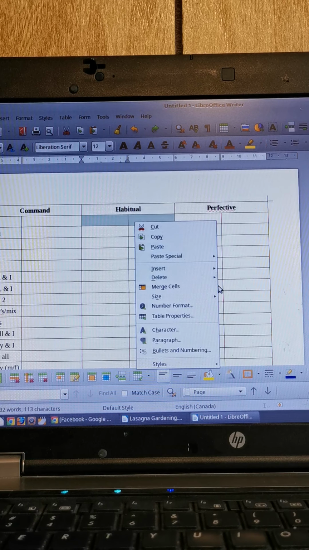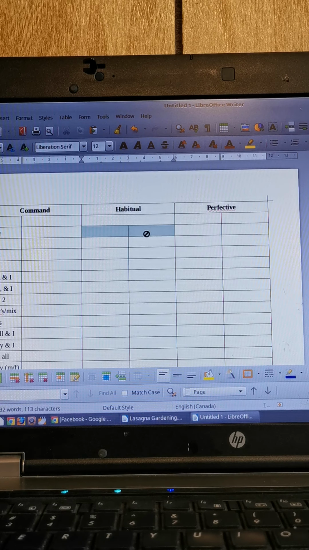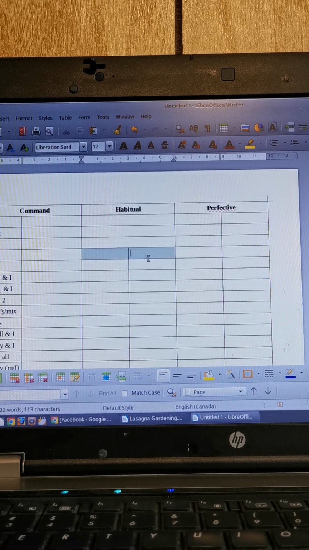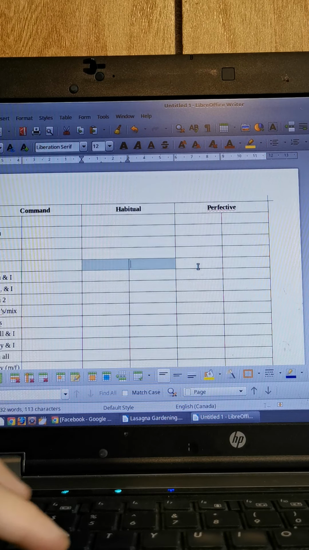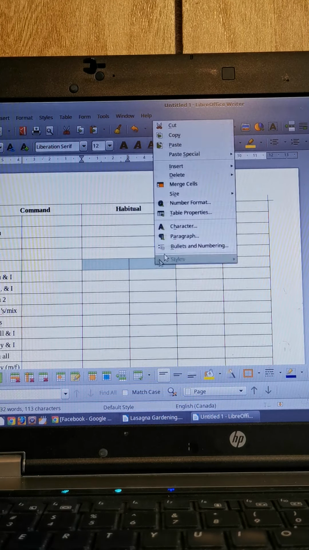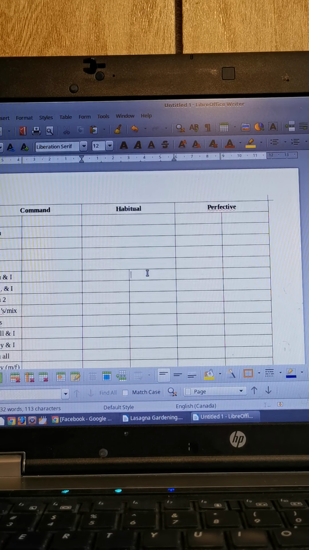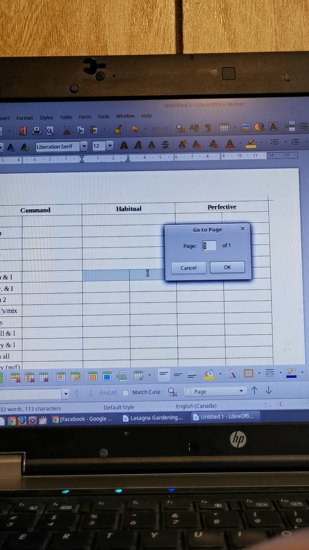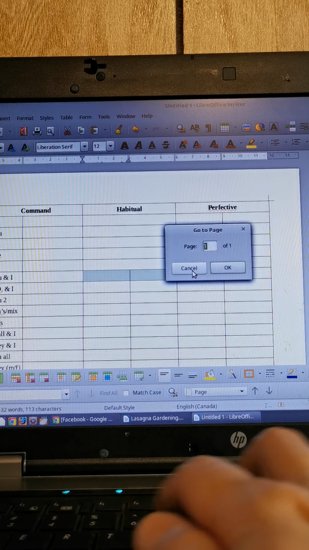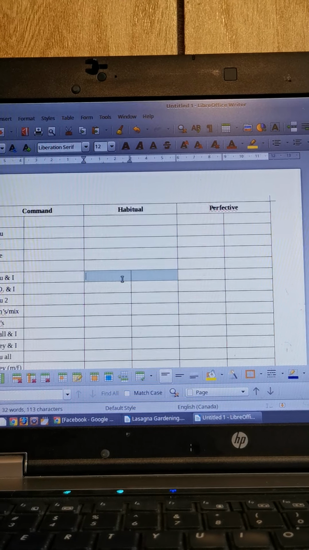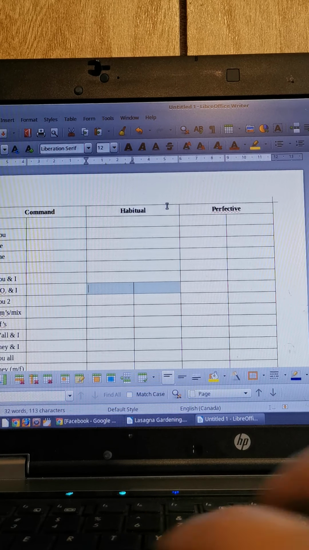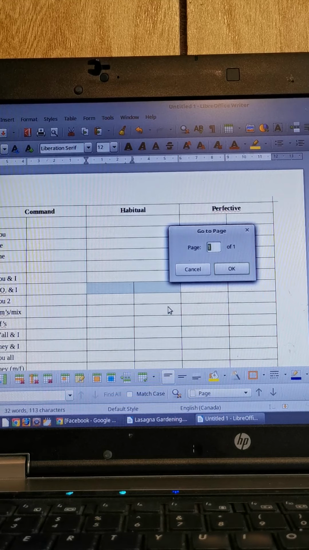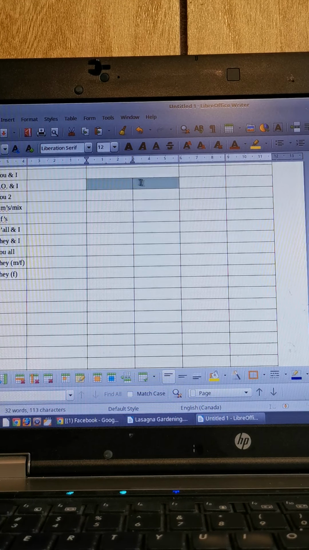Maybe if we just merge cells for each one. Having a hard time figuring this out.